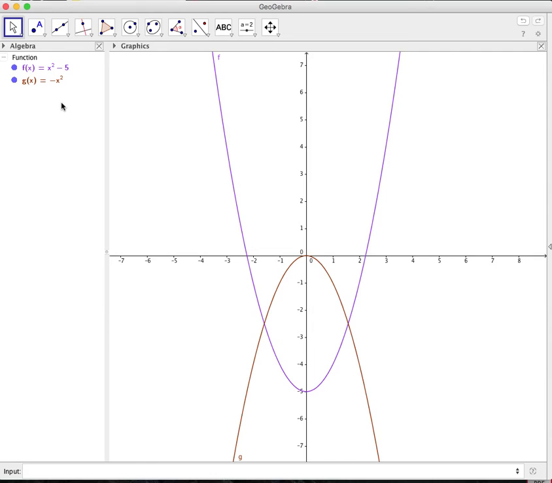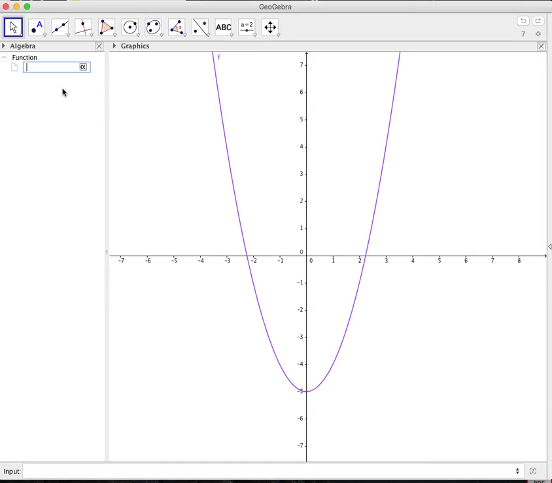So we'll remove g of x. Let's keep with our f of x, and for the moment, we have x squared minus 5. Let's do this.